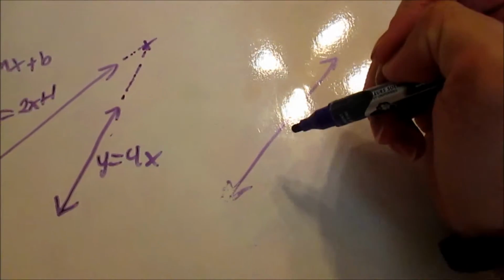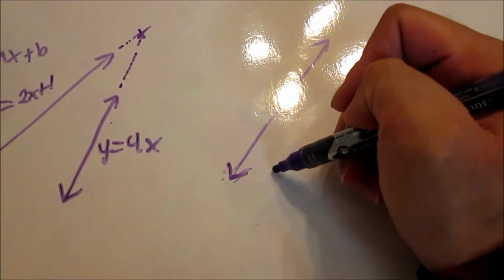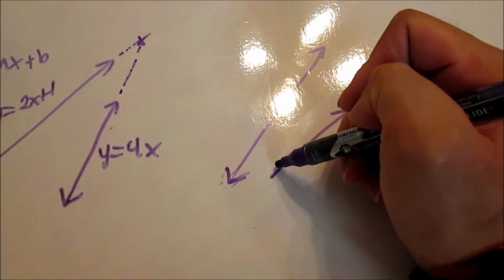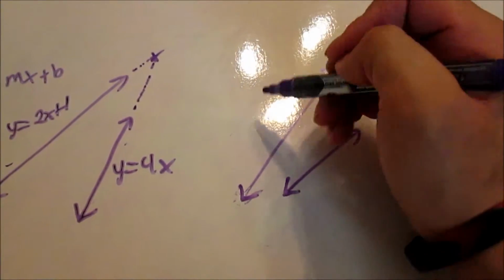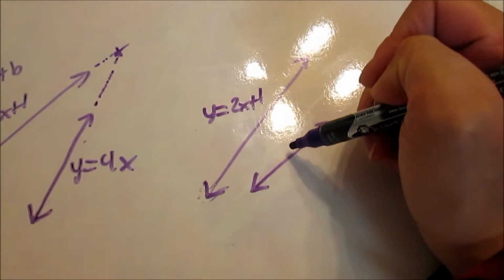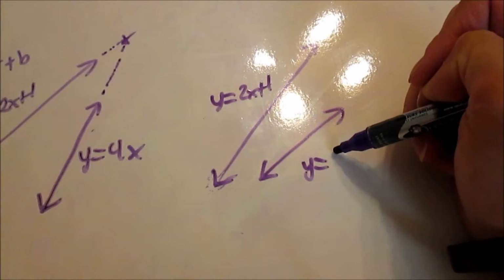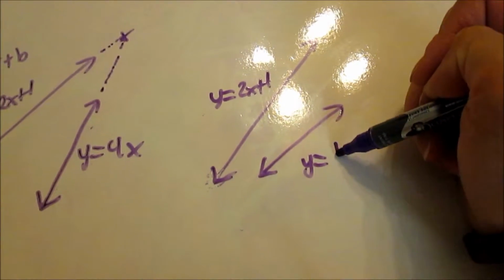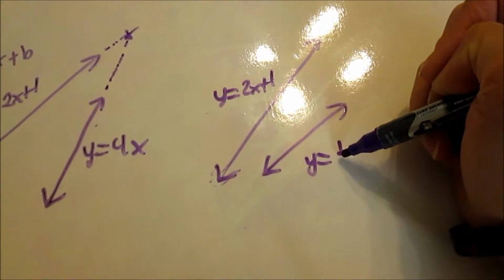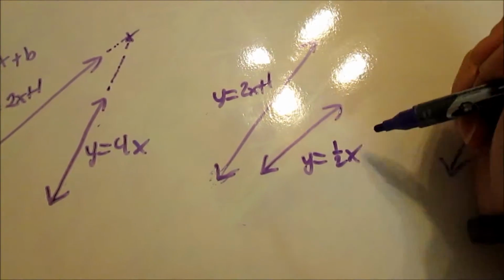Second example. Let's draw a line that's flatter than the first line. Now let's use the same equation, y equals 2x plus 1, but for the next line I'm going to use the slope. Well, it's flatter, so it's going to be less than 2. Let's use the slope y equals 1/2 x.